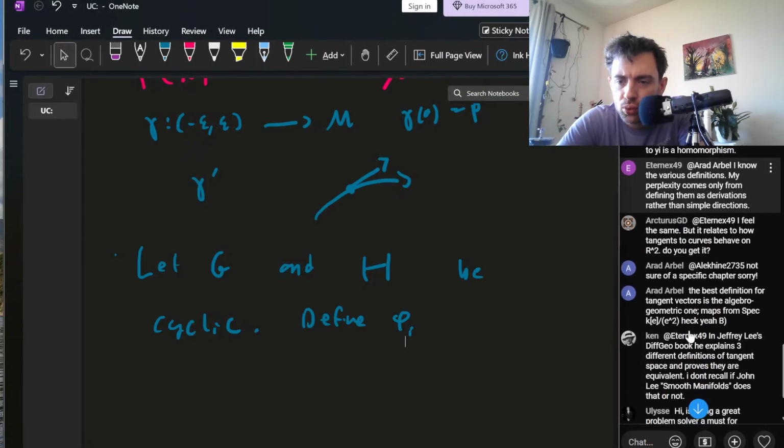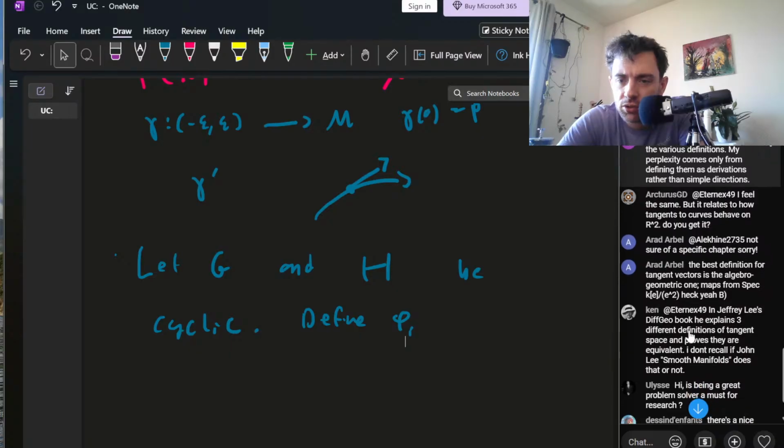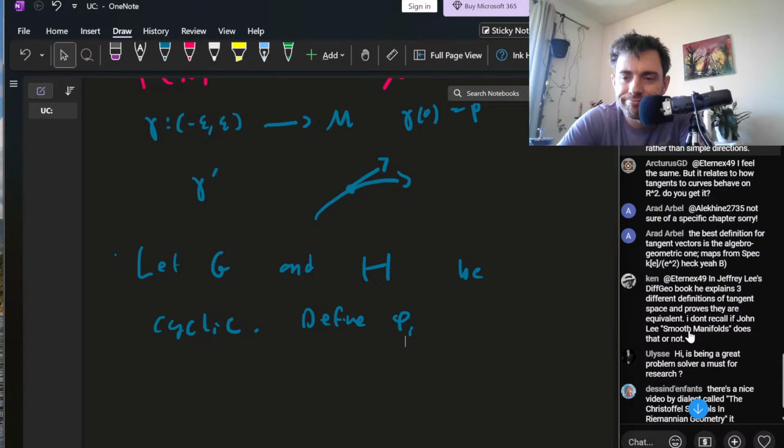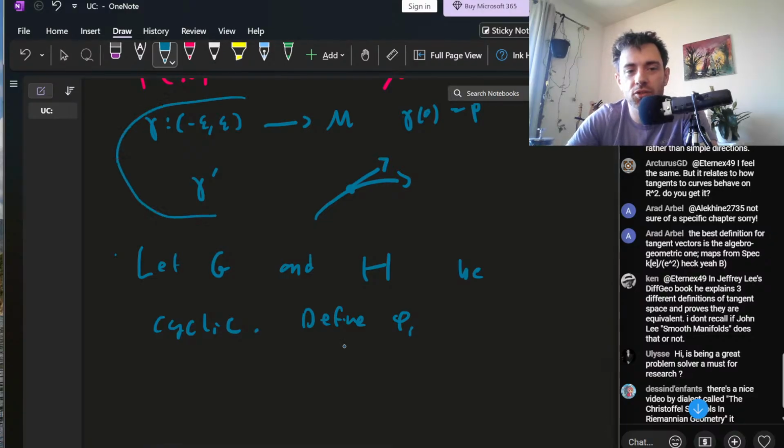The best definition for tangent vectors is the algebro-geometric one. I mean, okay, that is kind of nice. But again, I feel like this is another clear instance where the intuitive, sensible definition is probably the one in terms of paths.